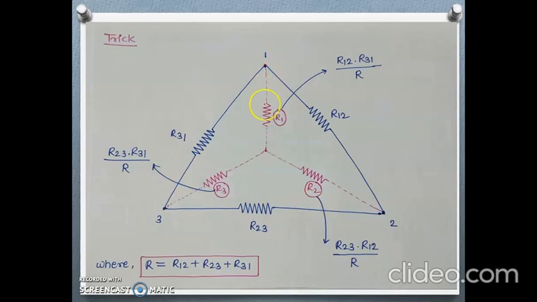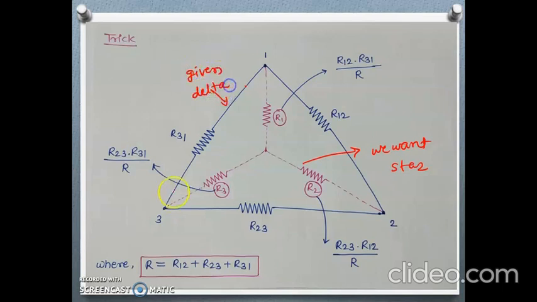When we want star from delta, draw the required star in the given delta with dotted lines. This is the delta given, and this is the star that we want.